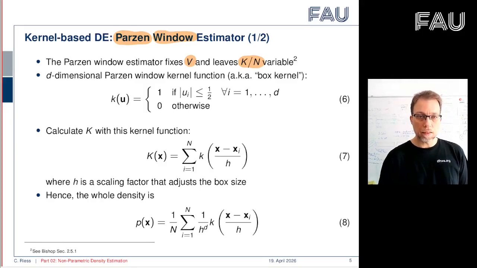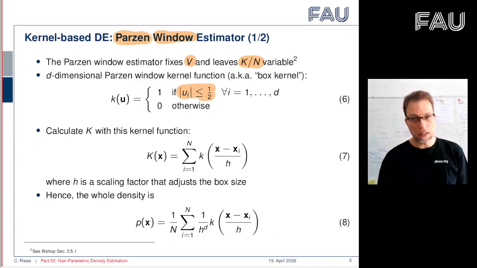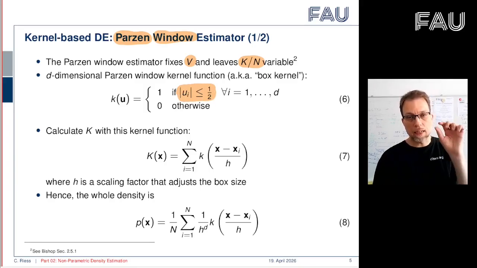So the d-dimensional Parzen window kernel function, also called a box kernel, is defined like this. K of u, some normalized input here, is 1 if each of these d dimensions has an entry that in absolute value is lower or equal than 1/2.